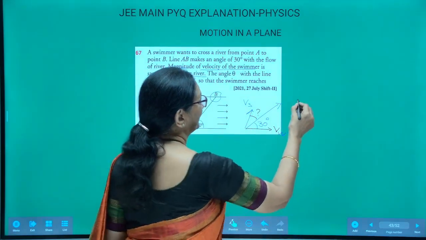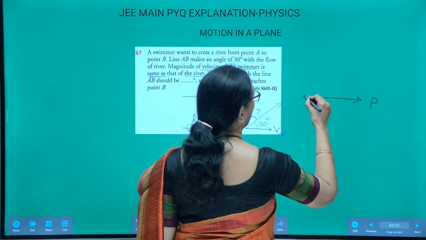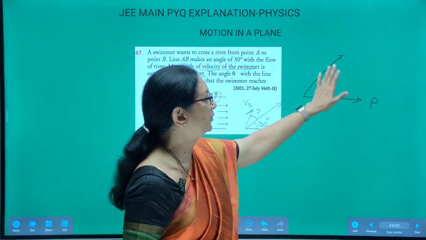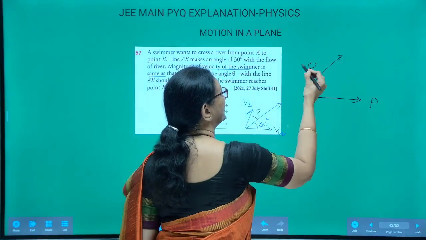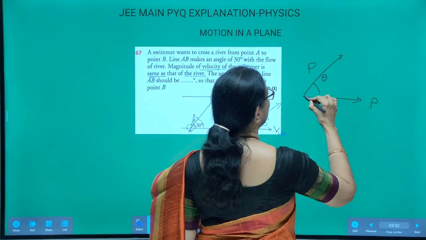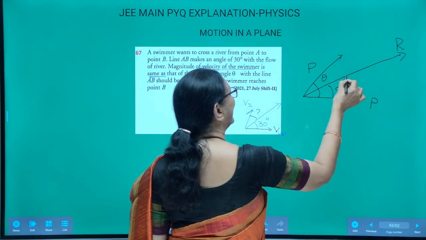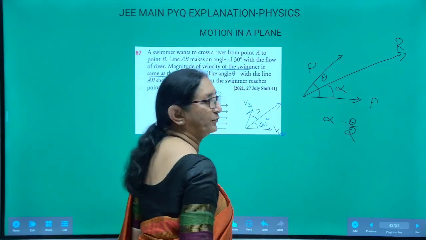So, here if this is P bar and this is also P bar, two vectors in different directions but magnitude is same, then if the angle between them is theta, then angle made by the resultant with any one of them, alpha, is equal to theta by 2.